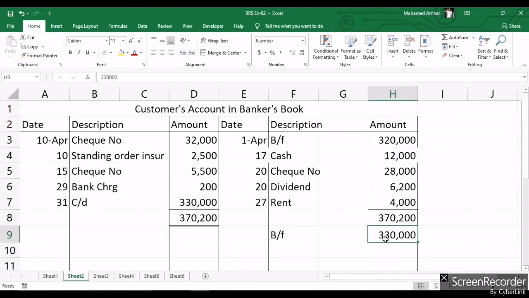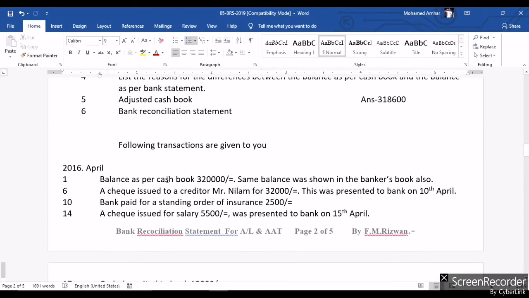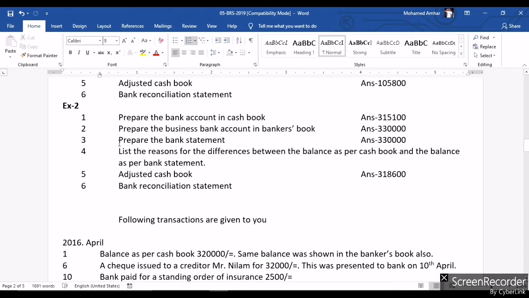What is the reason, right? So the third question is asking here: before preparing the bank statement, list the reasons for the differences between the balance as per cash book and the balance as per bank statement.